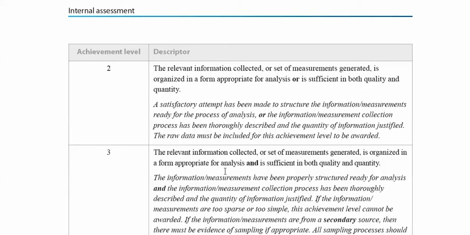And 3 marks are awarded for data which is relevant, organized, and sufficient in both quality and quantity.